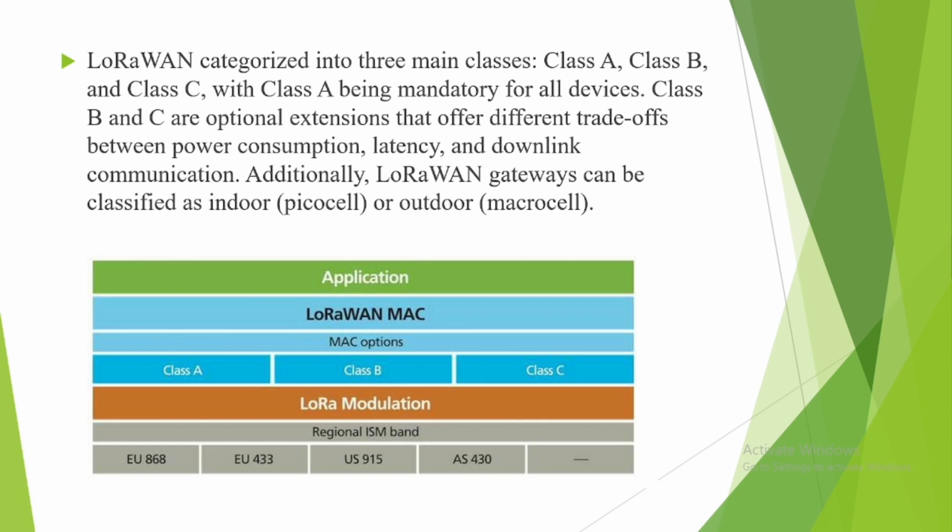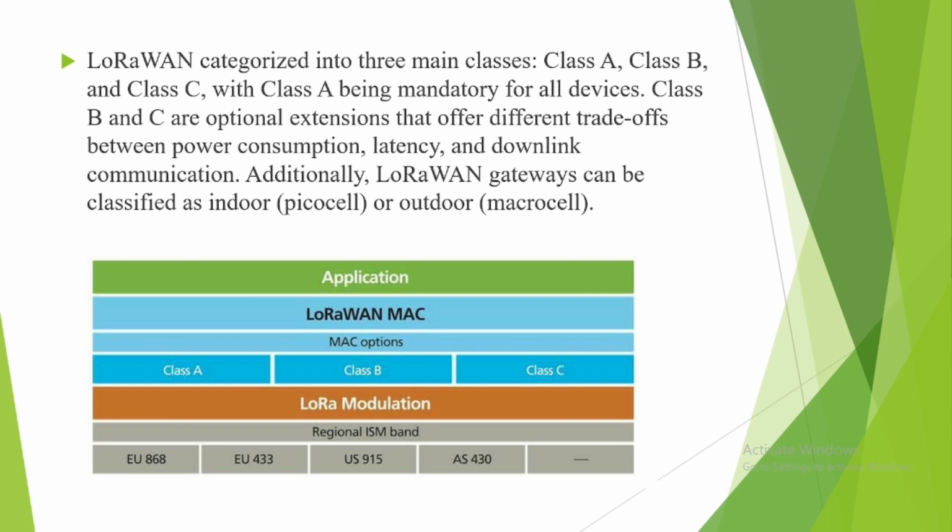Class B. This class adds periodic downlink receive windows, allowing deterministic downlink latency and reduced power consumption compared to Class C. Class B devices synchronize their clocks with the network server to maintain the downlink windows.